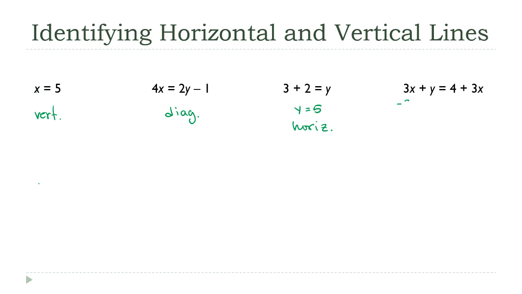I could subtract 3x from both sides. And if I do, this one goes away, and this one goes away, and all that's left is y equals 4. Now we're down to just one variable. So this one is, in fact, a horizontal line.